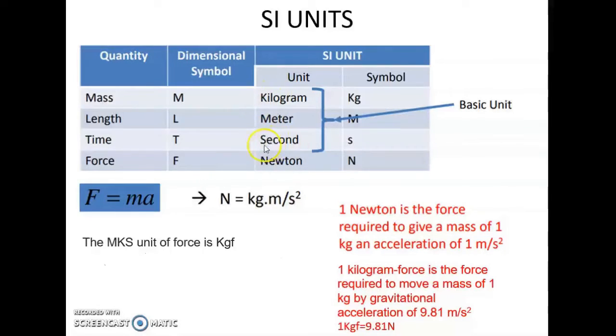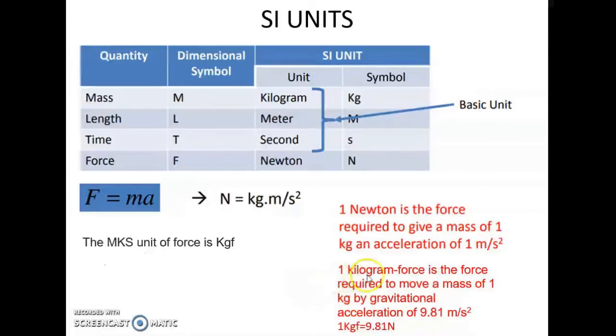So if you see these three fundamental quantities, the units of mass, length, and time are the same in case of SI as well as MKS system, but the unit for force in case of SI system is Newton, while in case of MKS system the unit for force is kg force. Now the difference between Newton and kg force is: 1 Newton is the force required to give a mass of 1 kg an acceleration of 1 meter per second square.